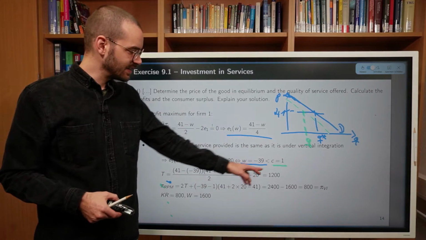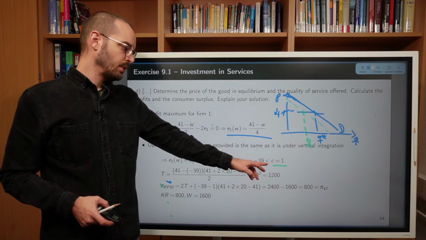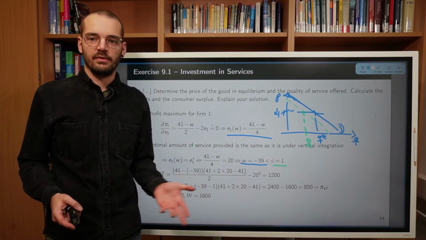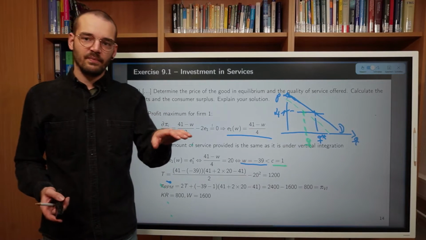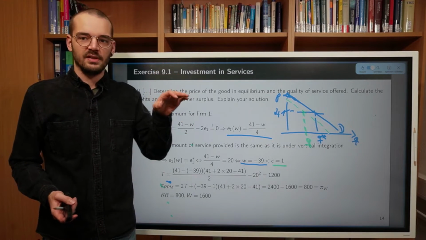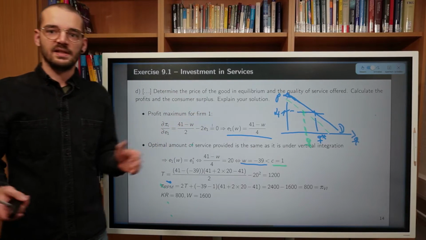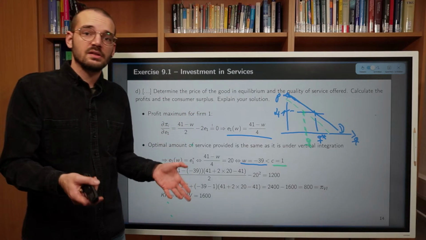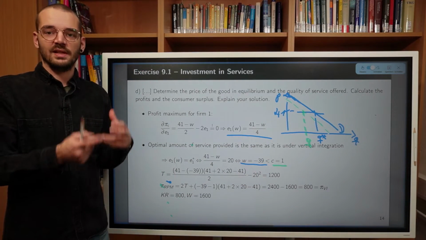So basically what this says is, the upstream firm produces at a cost of 1 and sells the good at a negative 39, which basically means with every good they are selling, they just put on top of it 39 units of currency, which means they are basically incurring costs of 40 with every single unit they produce and sell to the retailer.